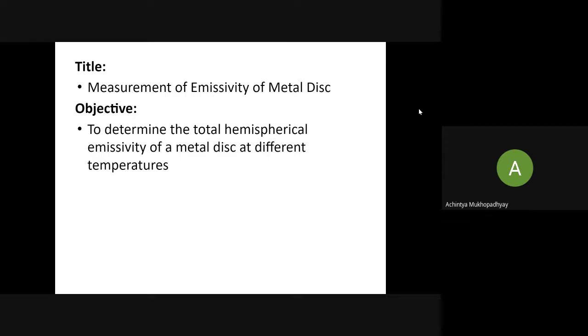So if we are now interested in the total energy emitted by the surface, then we have to take all the directions also into account. So once we have got the directional total emissivity, if we integrate that over all possible directions, then what we get is known as the hemispherical total emissivity.